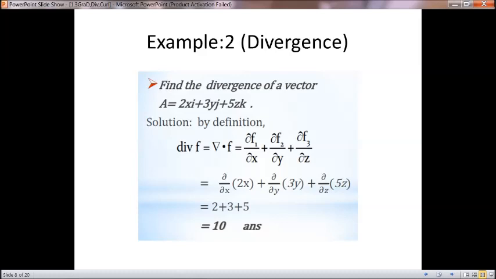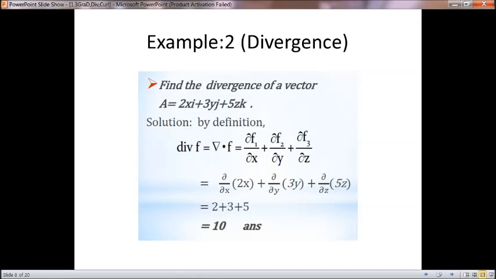Here it is a vector a. So dou by dou x into i vector, dotted with 2x into i vector: i dot i is 1, and differentiating with respect to x it gives 2. Like that, dou by dou y of the j component 3y gives 3, plus dou by dou z of the z component 5z gives 5 on differentiating.